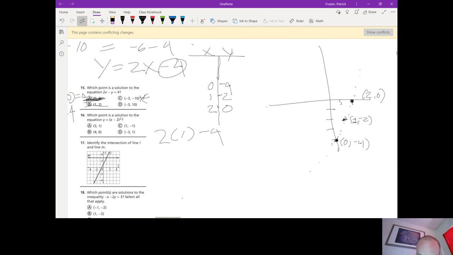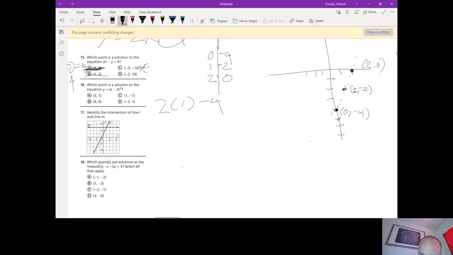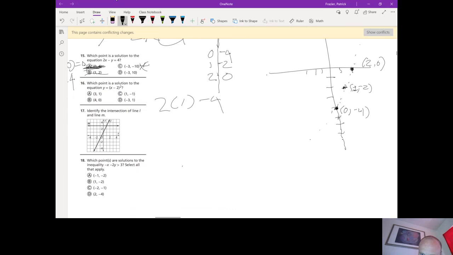That would mean also if we wanted to graph it, 1, 2, 3, negative 1, negative 2, negative 3, negative 4, negative 5, negative 6, negative 7, negative 8, negative 9, negative 10.